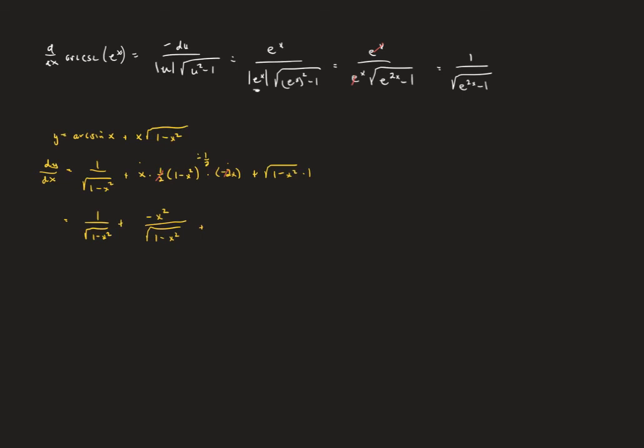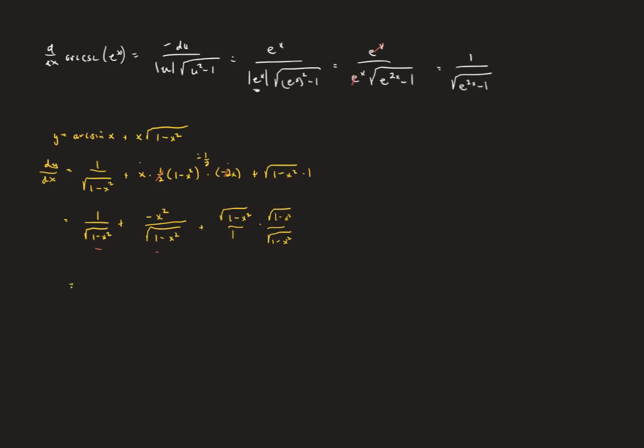And then we still have a square root of 1 minus x squared. Well, let's see. How about if we get a common denominator? Since these two already have that same denominator, let's multiply this one, top and bottom, by that denominator and see where that leads us.